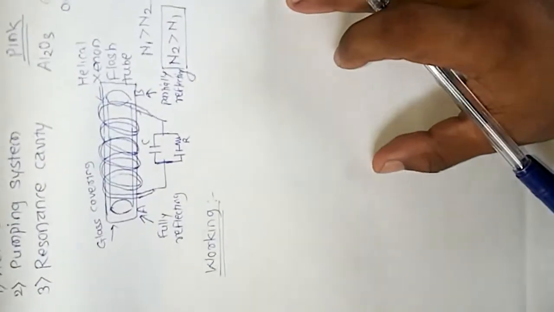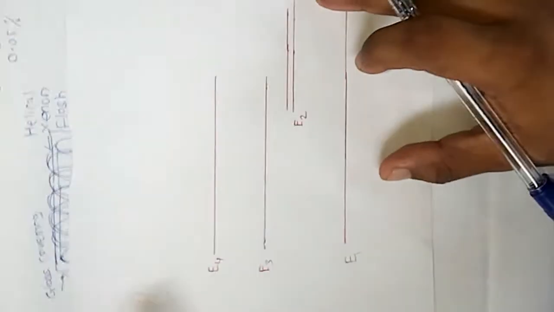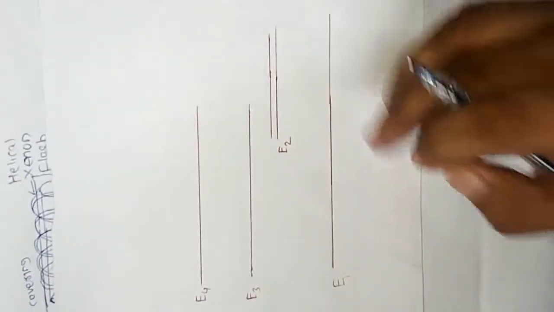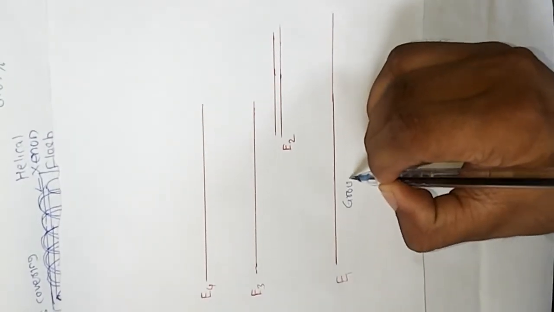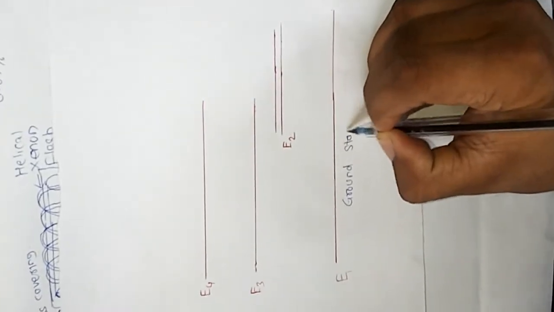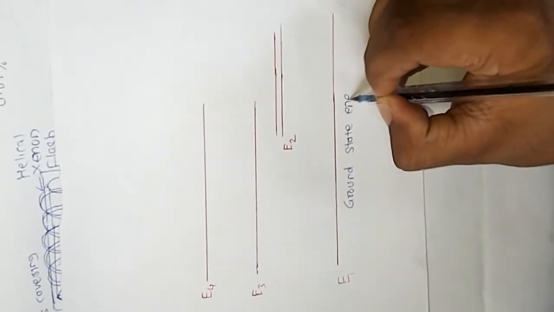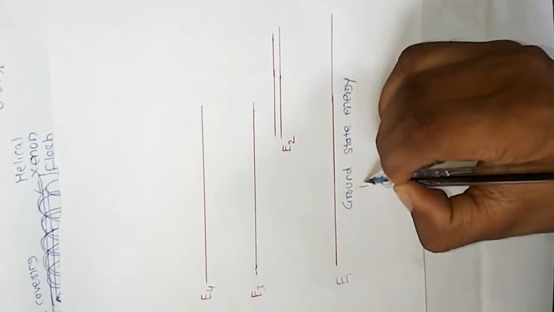For working, see, E1 is the ground state energy level.